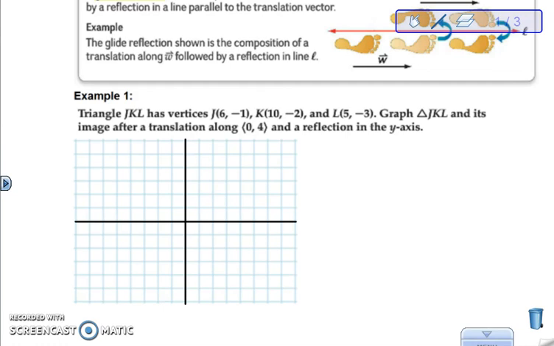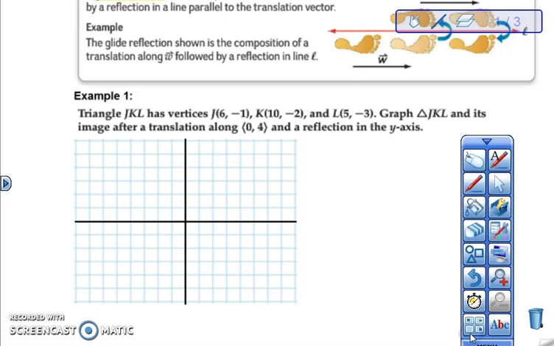So if we look at the practice example that they've given us, we have triangle JKL, and we need to take the points of JKL, create an image by translating on the vector 0, 4, and then reflecting across the y-axis. So we probably want to start off by just plotting the points, right? So we need 6 and -1.